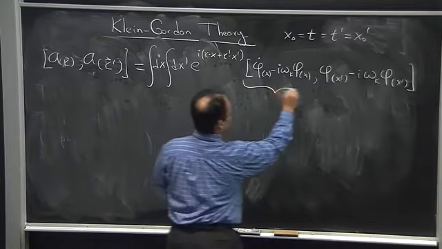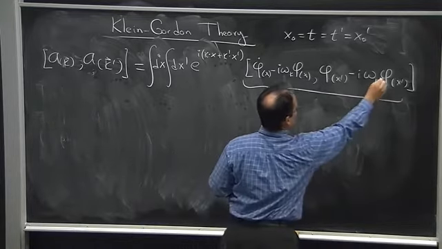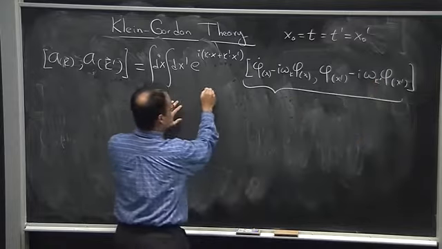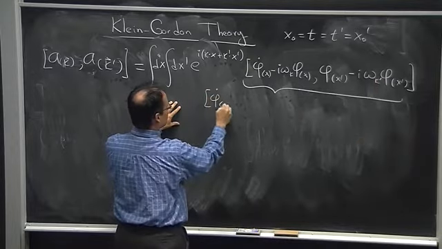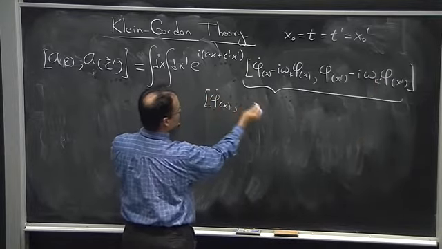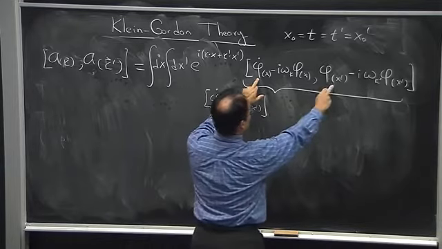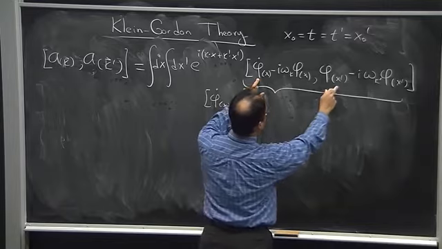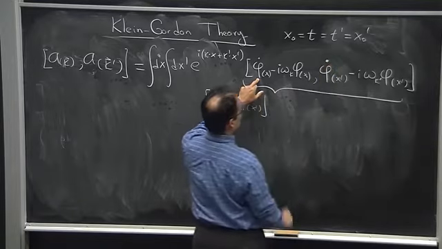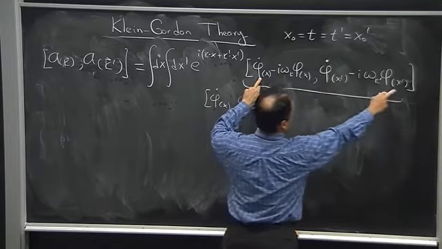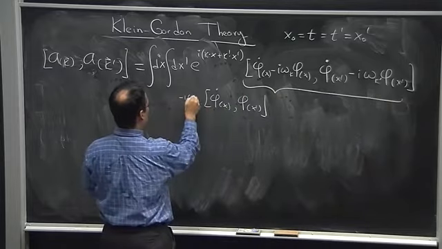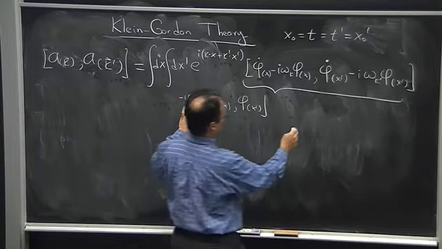So what do we get? From here, we get phi of x with phi of x. Oops, not quite, right? This is a dot, so these two commute, and this one will give me a minus i omega k.